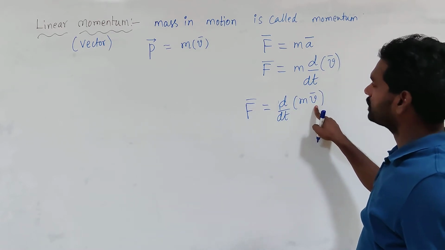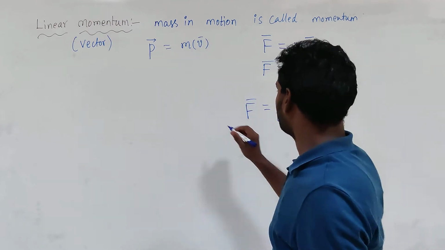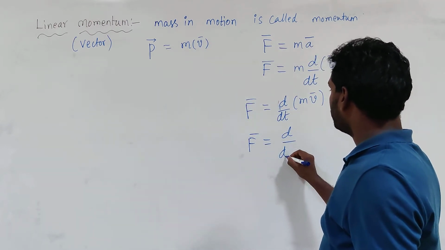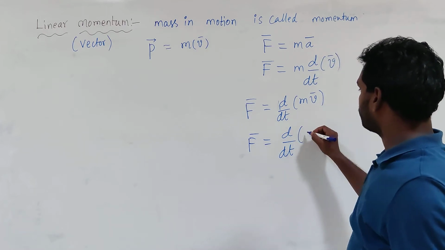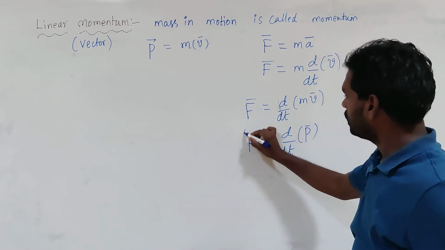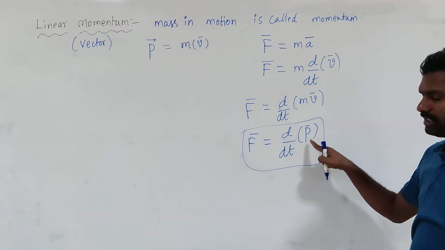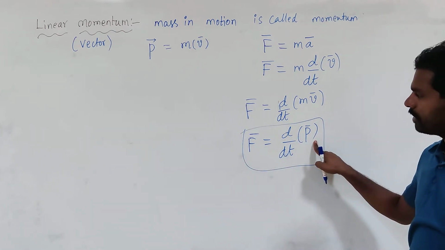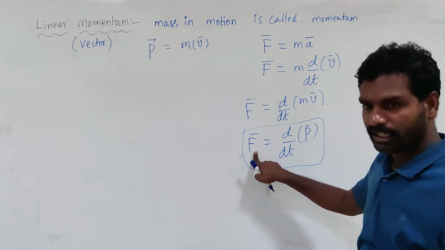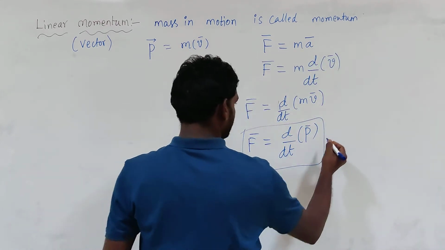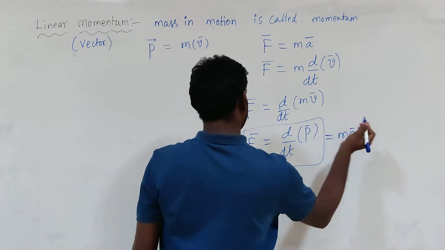Mass times velocity is nothing but momentum. So force F equals the rate of change of momentum. Net force acting on the object equals the rate of change of momentum. F equals dp by dt, which is also equal to ma.